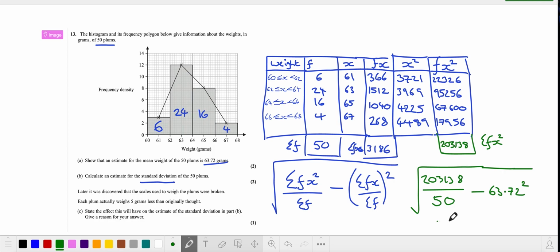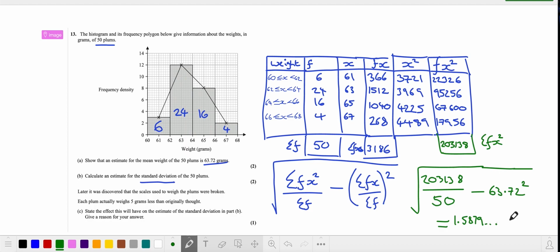And bung that in the calculator and we get, let's have a look, 203,138 over 50, take away 63.72 squared, 1.5879... that number goes on.